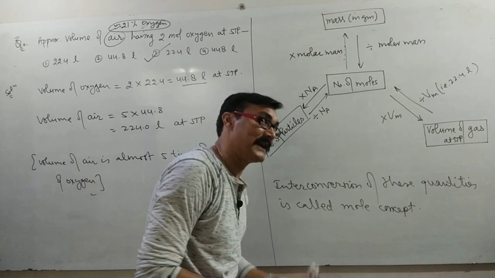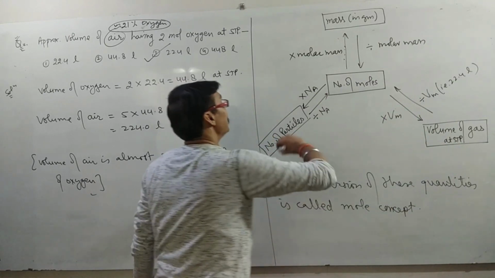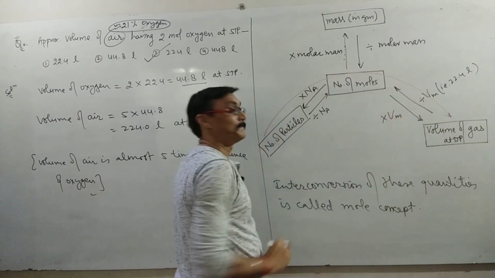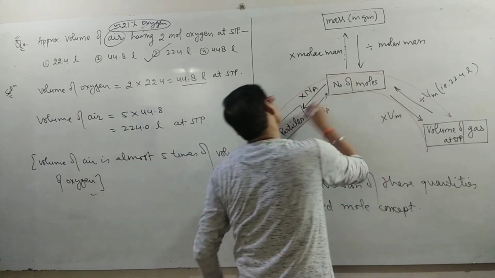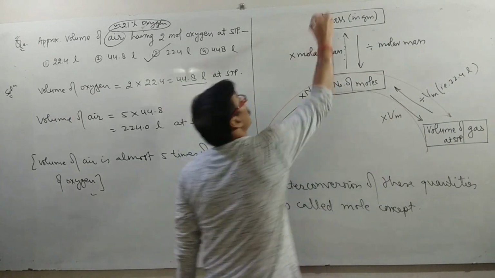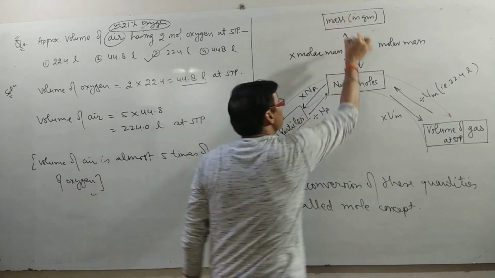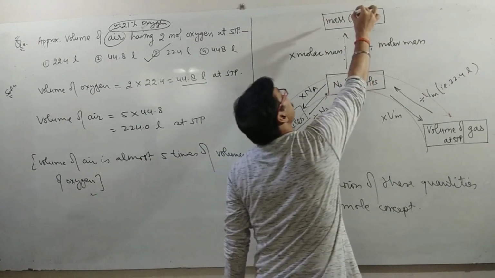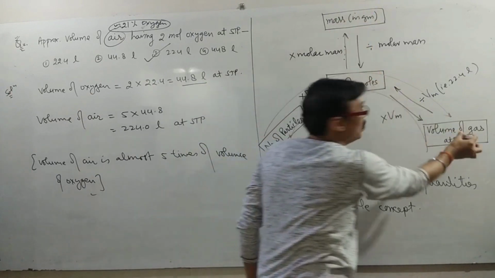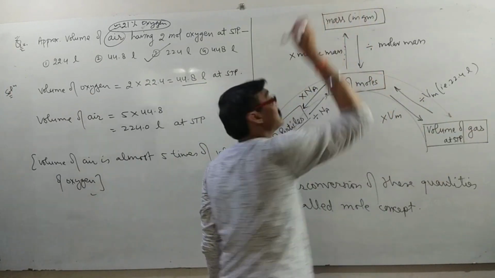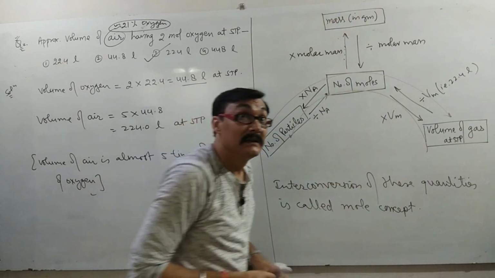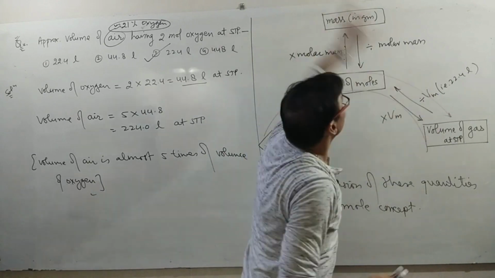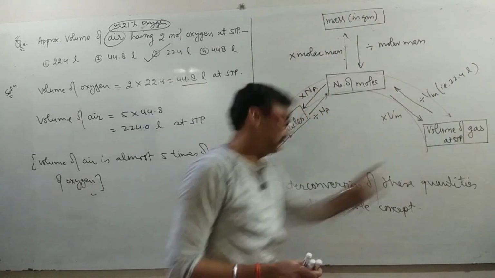That is the simple concept for such questions. You have to follow the track: mass to moles to particles, or particles, moles, mass. Mass, moles, volume. Volume, moles, mass. Is that clear, guys? You should not try to find volume from mass directly.